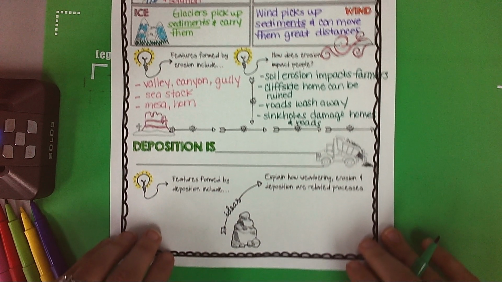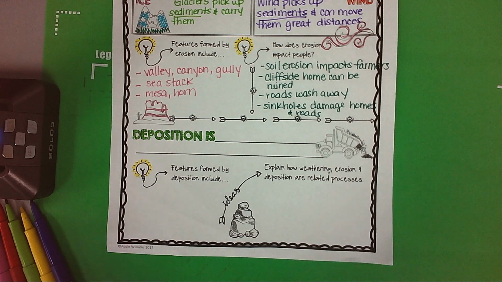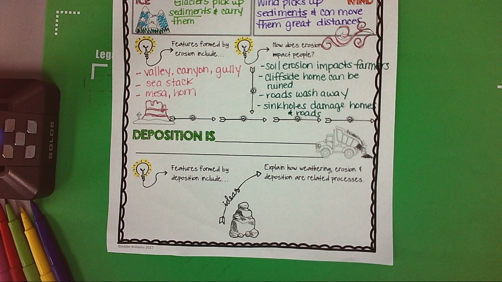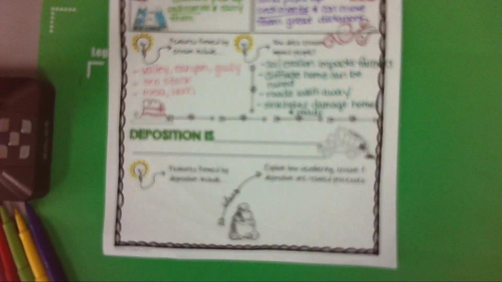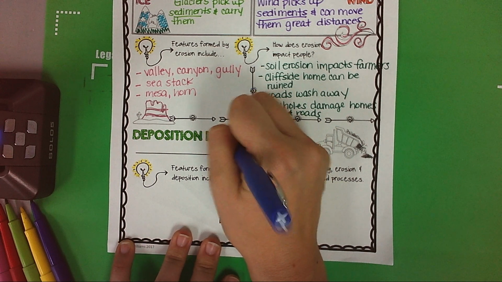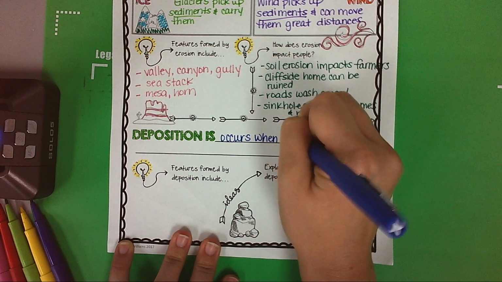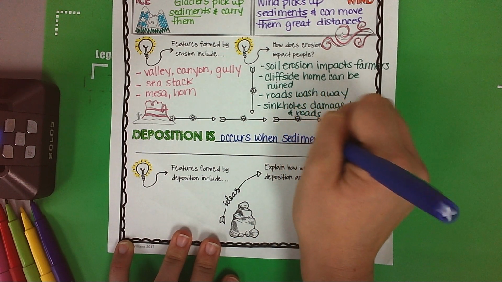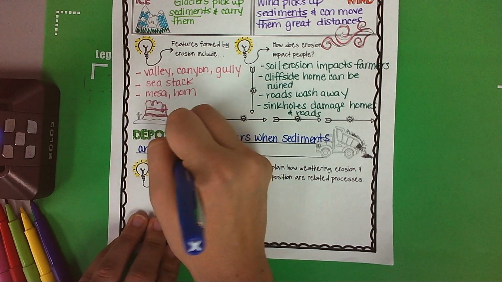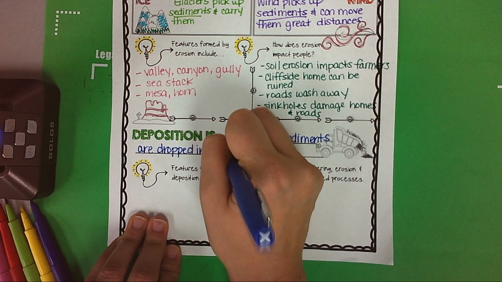All right, so let's move down and talk about this last process. So we start with weathering. It breaks the rock down into pieces. Then erosion is going to pick it up and move it. And so then deposition occurs when sediments, remember sediments are pieces of rock, are dropped in a new location.